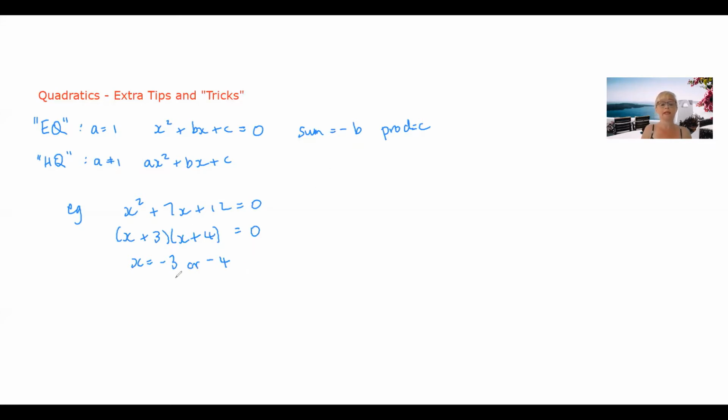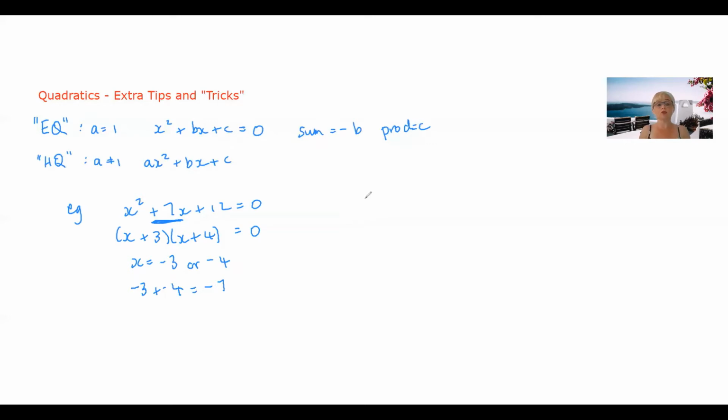Notice if we add up -3 plus -4, we get -7, which is -b. Our product of our roots, well, negative times a negative gives you exactly the same, as you'll see. If you were having trouble factorising that, obviously you can go ahead and use your quadratic formula to solve.